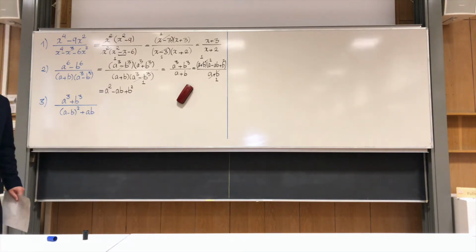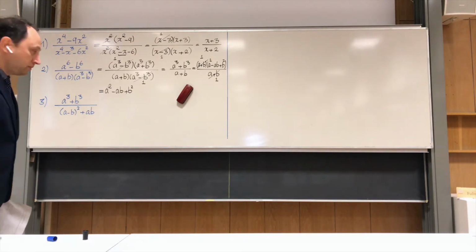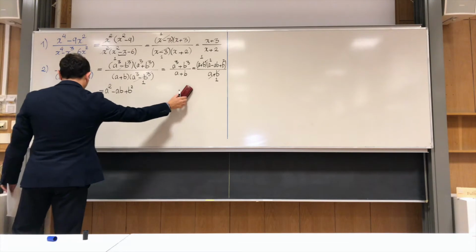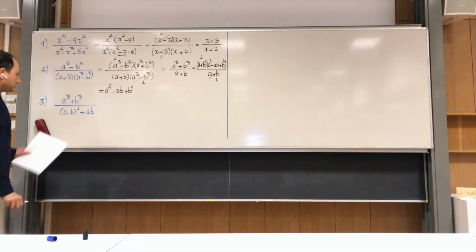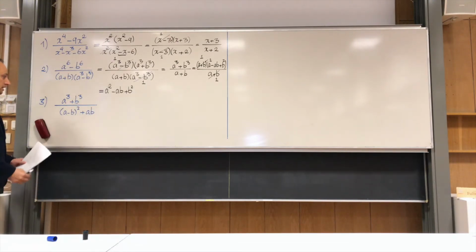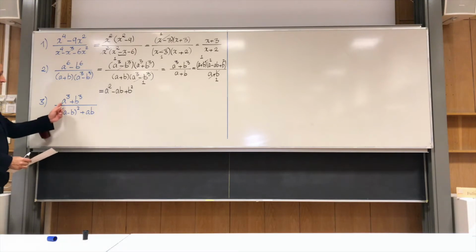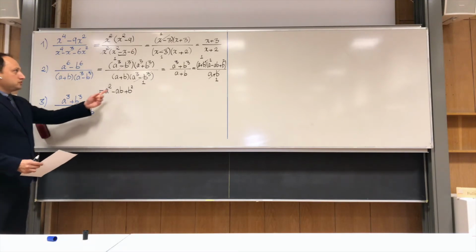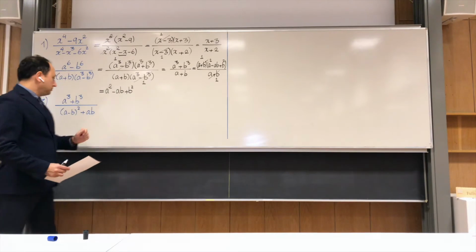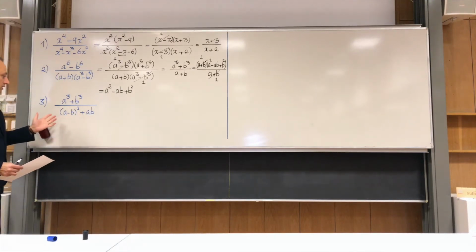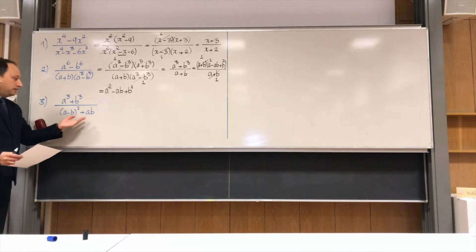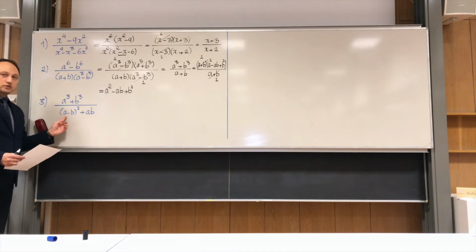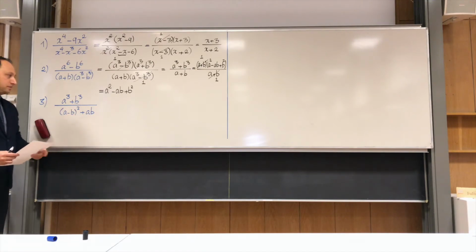In this form, I cannot simplify anything from the numerator and the denominator, because they are not factors. But for the numerator, you might know what we should do. This is exactly that problem. But for the denominator, the only thing we can do is just expand this expression and simplify. So let us see what happens.